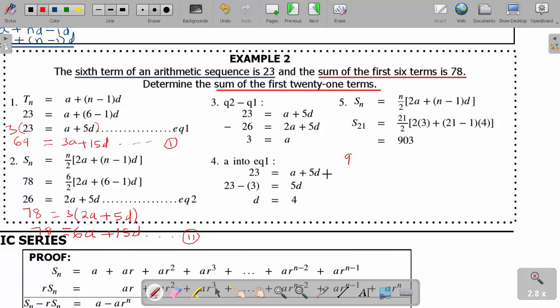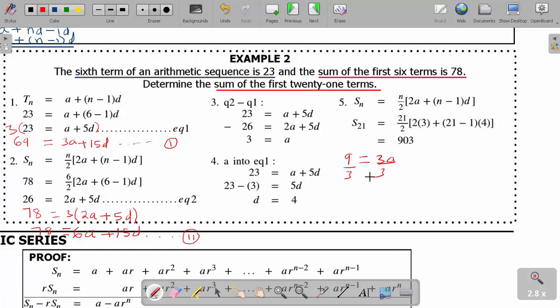So it means 9 equals 6a minus 3a, I'm going to get 3a. What about 15d minus 15d? I'm going to get 0. So divide by 3. My a is 3.